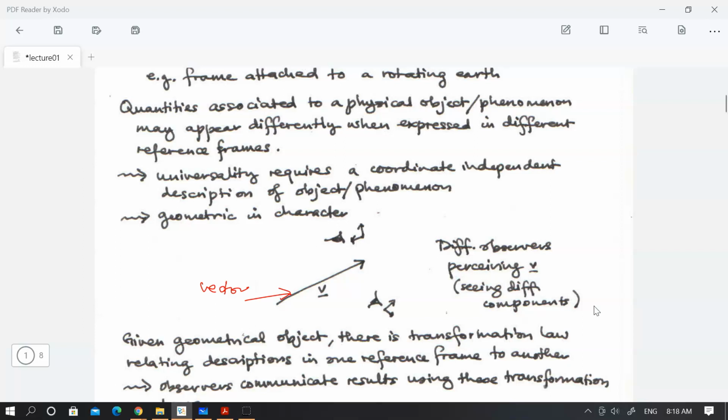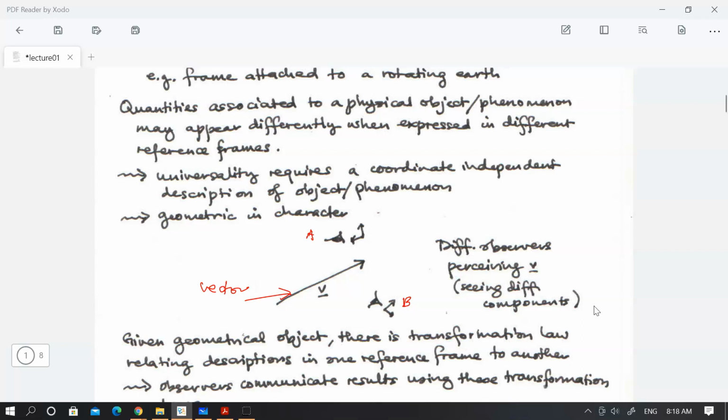So that is the geometric character. Observer A, for example, over here, and observer B may have different components for V, but they can communicate their results to each other, and they can still manage to say that, okay, it's pointing in the same direction.